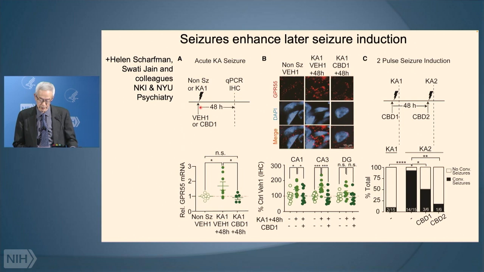And if we induce a seizure by treatment with kainate, wait 48 hours, and then assess the level of the receptor using either PCR or immunocytochemistry, you can see a very clear increase in the level of GPR55, which is prevented if you give CBD at the same time that you give kainate.